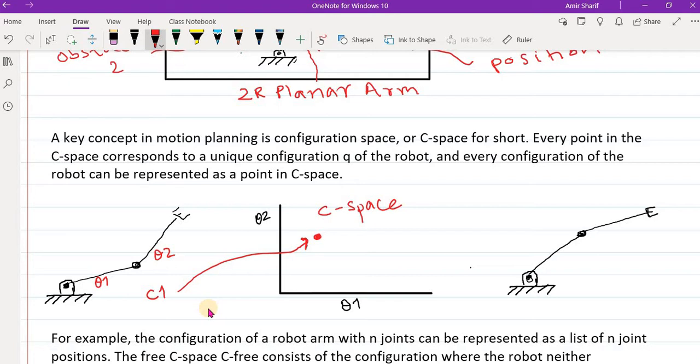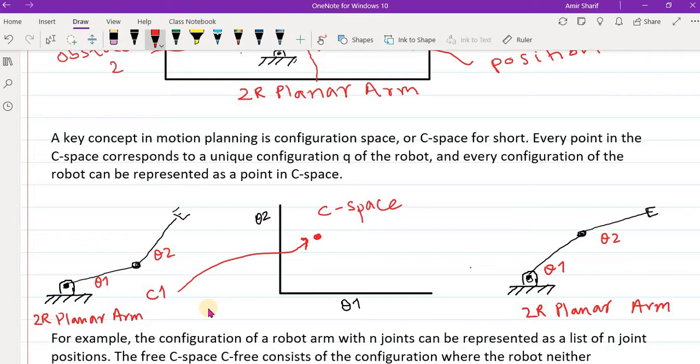Similarly, if you see again the same planar robot, but this time it has a different configuration. The joint values theta 1 and theta 2 are different.